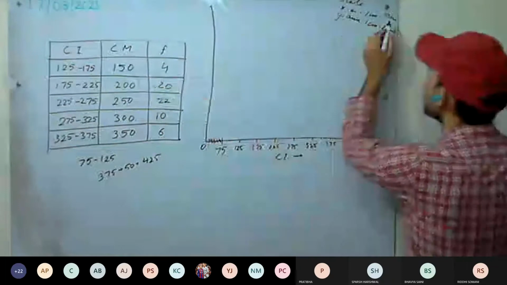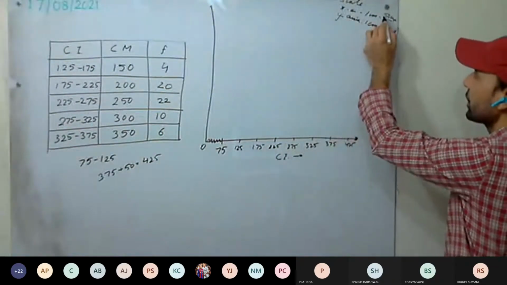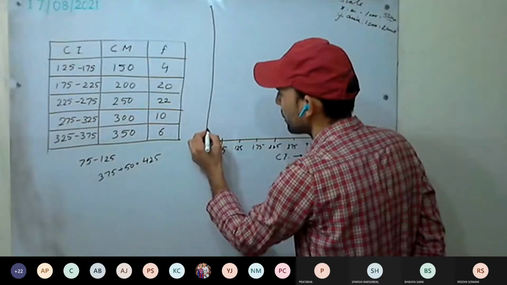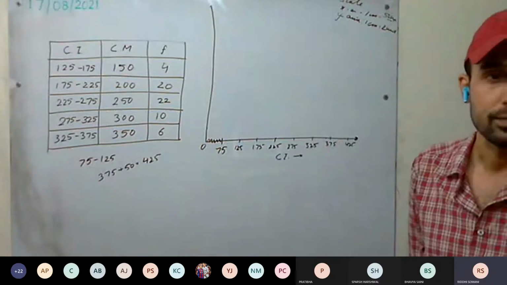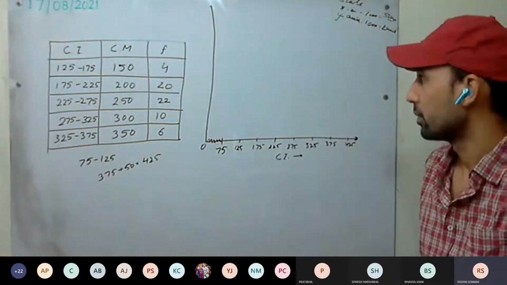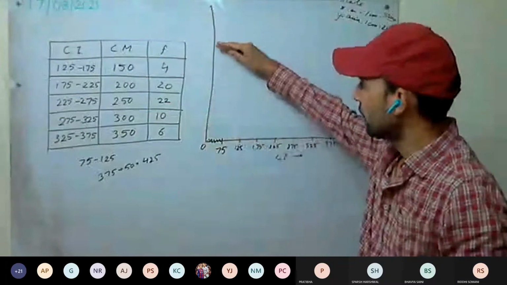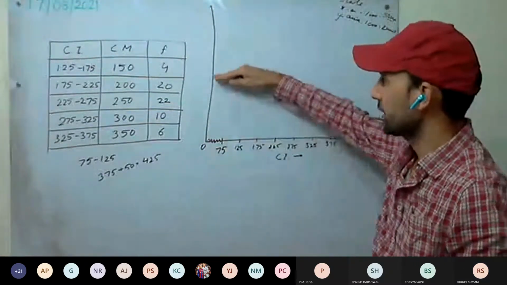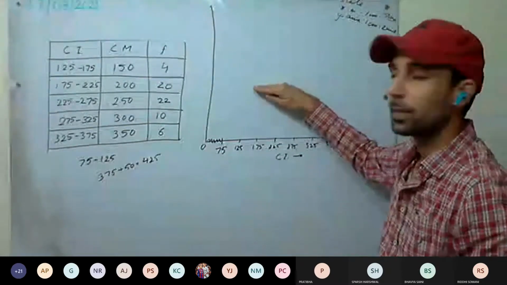Or their wages is 50 rupees, because units here are nothing but 50 rupees. 1 centimeter equal to 50 rupees. Sir, we can take 1 centimeter equal to 4 units also, no? Yes, you can take, but that will make it very small. Within 6 centimeters, less than 6 centimeters, it will be over. You can take, that's up to you.